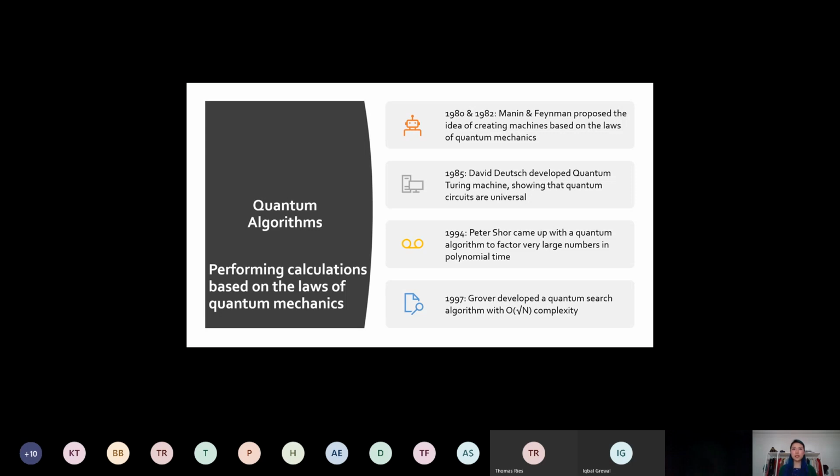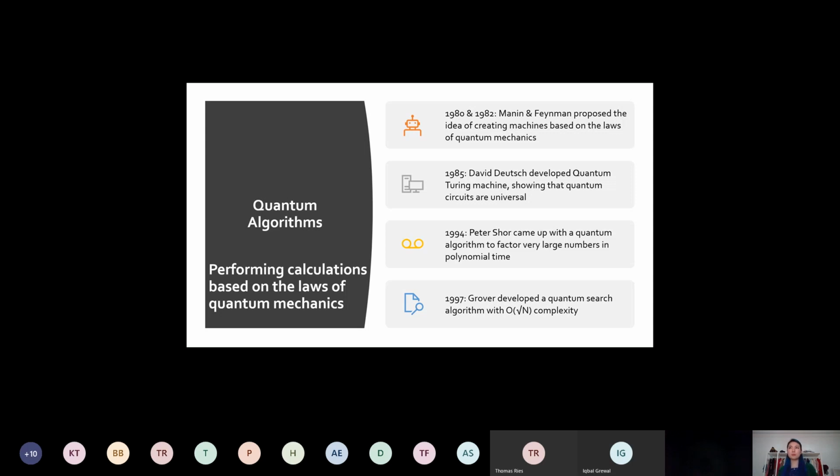Later on in the 90s, Peter Shor's and Grover's and a bunch of other algorithms came up. A lot of algorithms are developed based on Shor's and Grover's algorithms. Peter Shor's algorithm does factorization of really large numbers very efficiently, more efficiently than any classical algorithm.